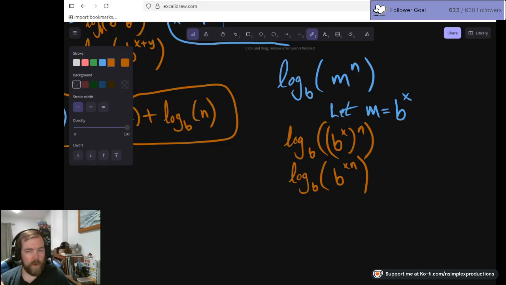So here, what exponent on a base of b gets us b to the xn? It's x times n. But then we just talked about this before, right? So we know that x is going to be equal to the exponent on a base of b that will get us m.